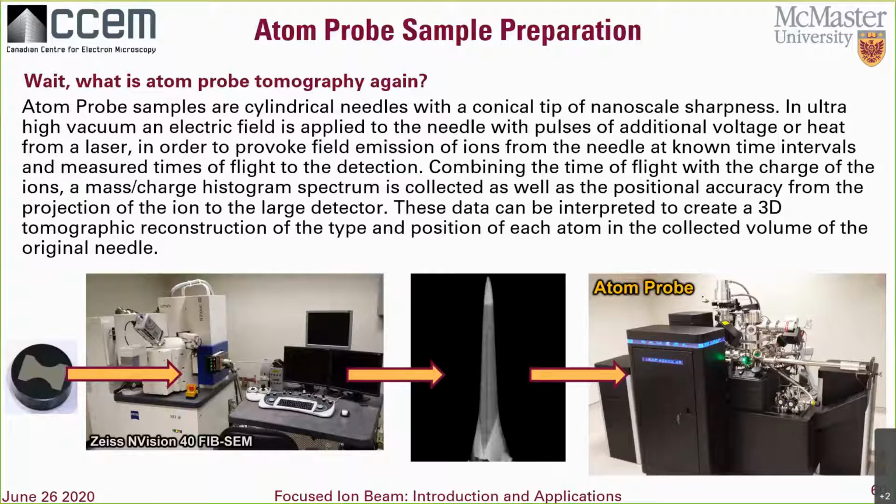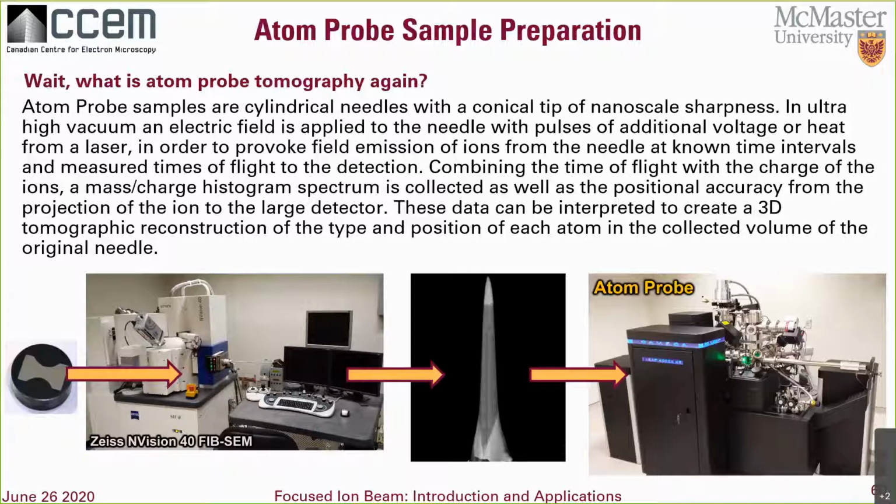Combining the times of flight with the charge of the ions, a mass-to-charge histogram spectrum is collected, as well as the positional accuracy from the projection of the ion to the large detector. These data can be interpreted to create a 3D tomographic reconstruction of the type and position of each atom in the collected volume of the original needle.